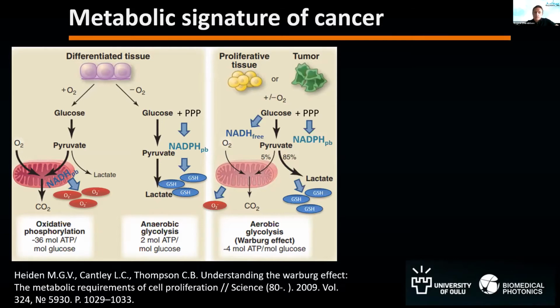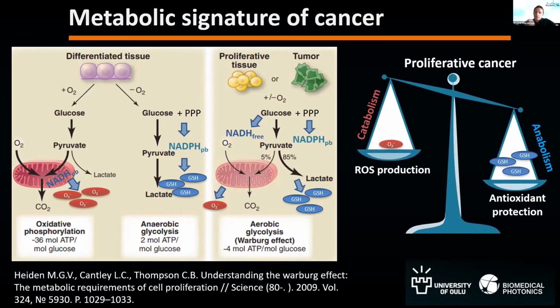And that affects the balance between reactive oxygen species production and antioxidant protection in the cell. That is also related to the balance between catabolism and anabolism. In cancer, in proliferative tissue, it's shifted towards antioxidant protection and anabolism.